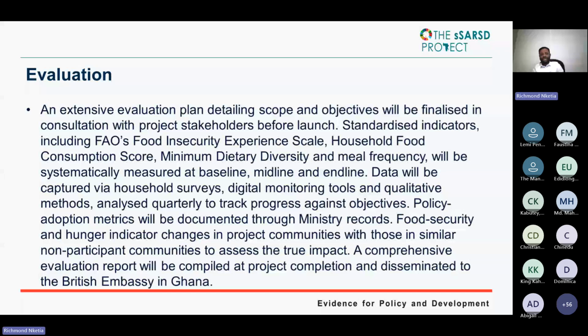So an extensive evaluation plan, which will detail the scope and objective of this evaluation, will be prepared in consultation with all those who matter. So the people most affected by the challenge. So there are those beneficiaries I spoke about up there.